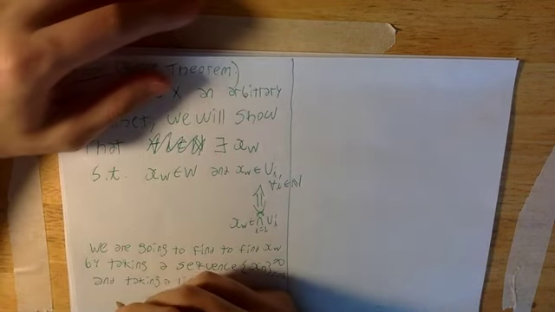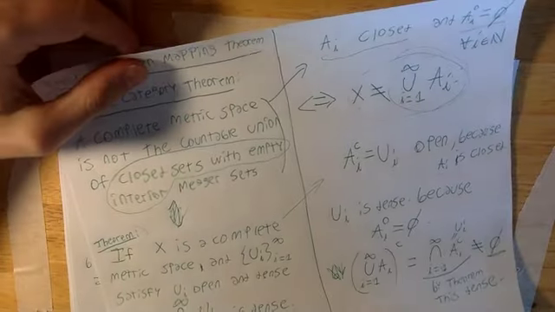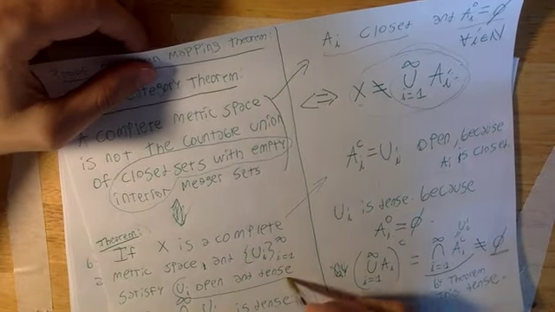Okay, so what do we know? We know that one of the hypotheses is that UI is open and dense.